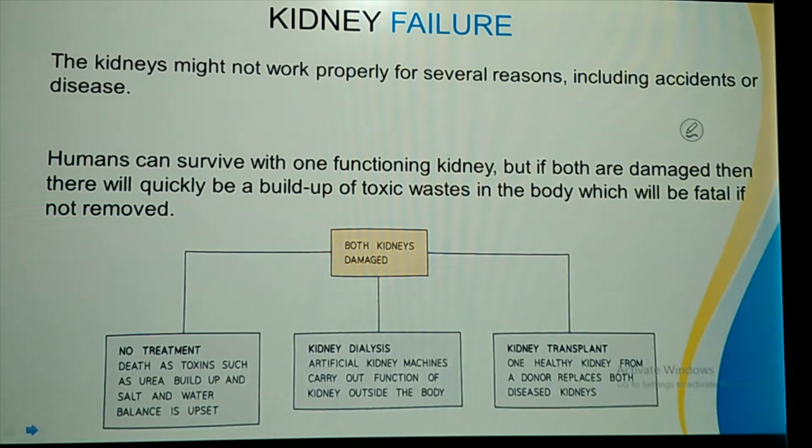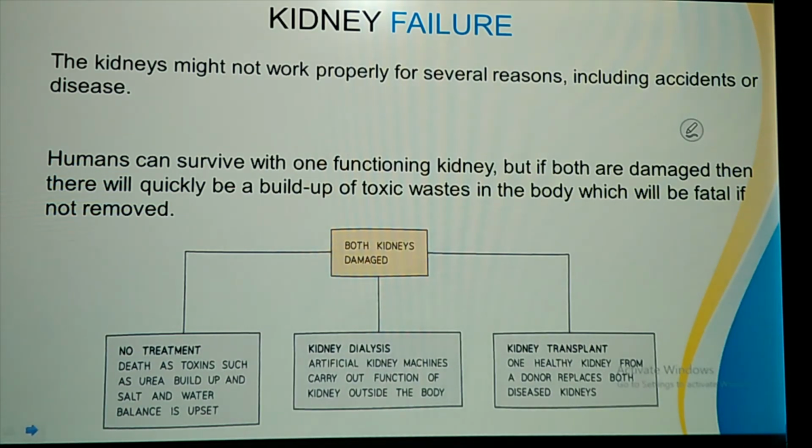That's for dialysis. The other option we have is kidney transplant. What does this mean? Since we said that we only need one functioning kidney, we can get a donor to donate a kidney for the one that is sick.